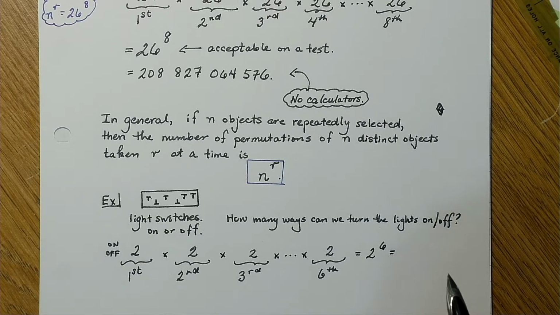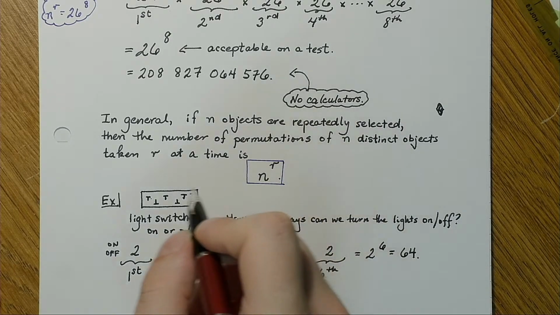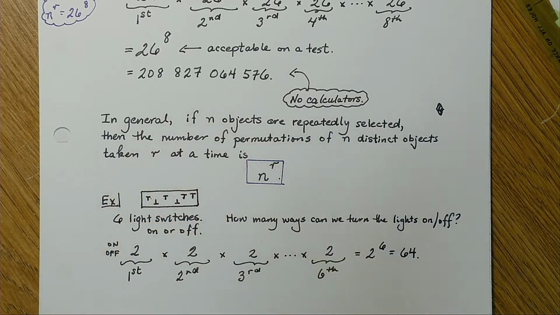If we remember counting by 2s: 2, 4, 8, 16, 32, 64. So there are 64 ways that we can set the different light switches. Perfect, excellent.